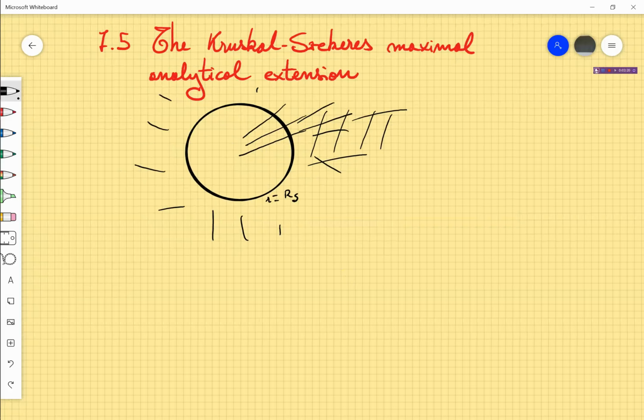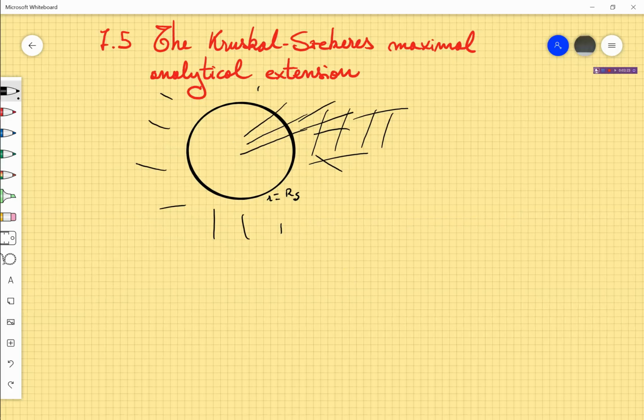This is, however, not the maximal analytical extension that one can perform, and the complete space-time is much larger than this. This was realized by Synge and other researchers, and the easiest way to find this maximal analytical extension is by using the so-called Kruskal-Szekeres coordinates.